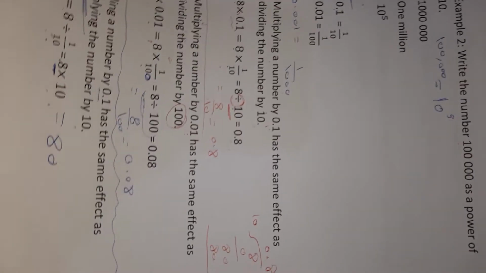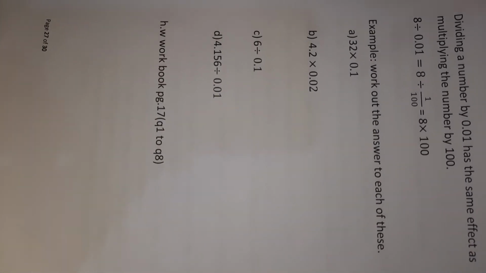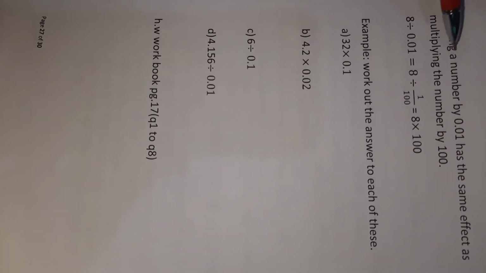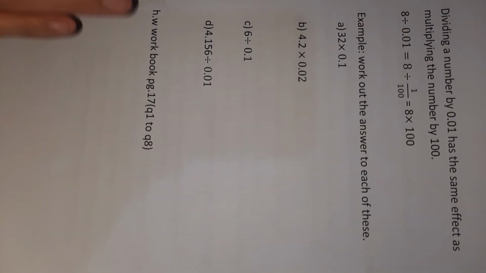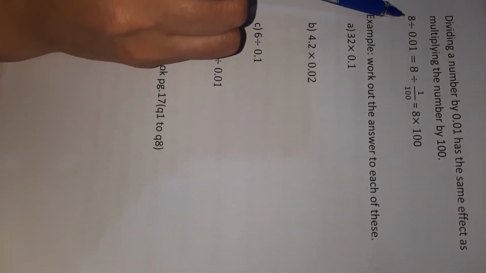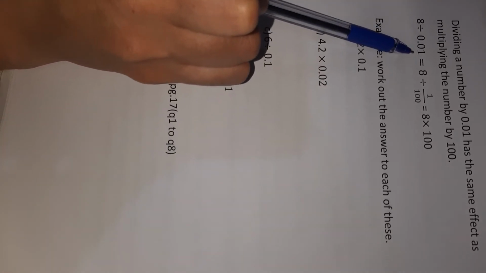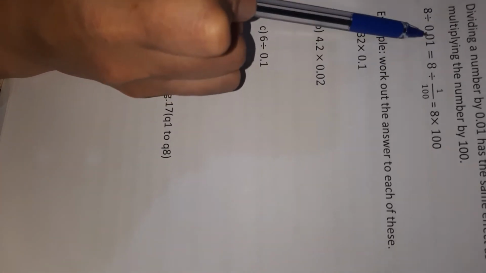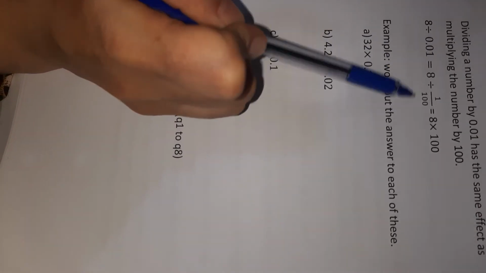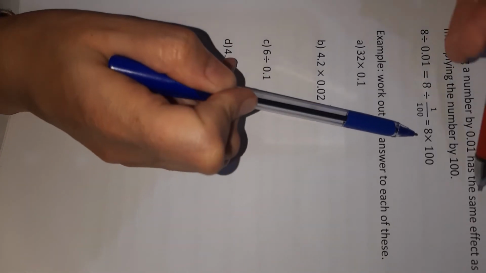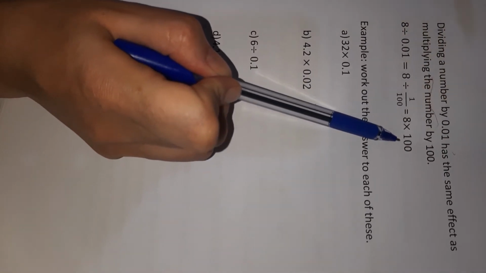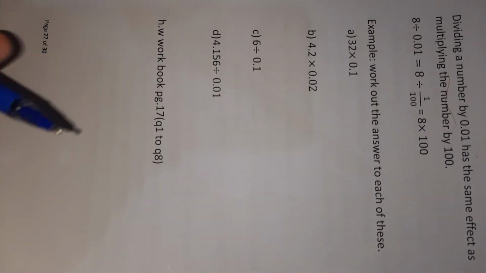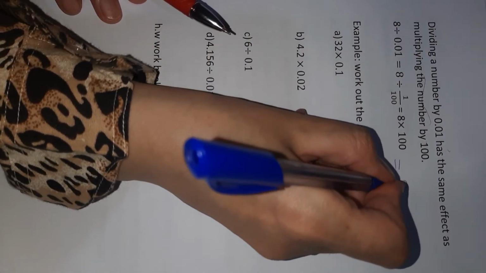Now, dividing a number by 0.01 has the same effect as multiplying the number by 100. Example: 8 divided by 0.01, which is 8 divided by 1 out of 100, has the same effect as multiplying the number by 100, which means 800.